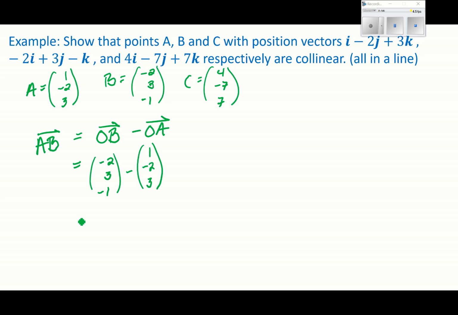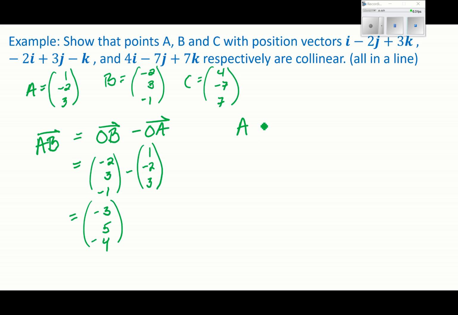When I subtract these, I end up with (-3, 5, -4), subtracting like components. So -2 minus 1 is -3. 3 minus a -2 gets us 5. -1 minus 3 ends up being a -4.